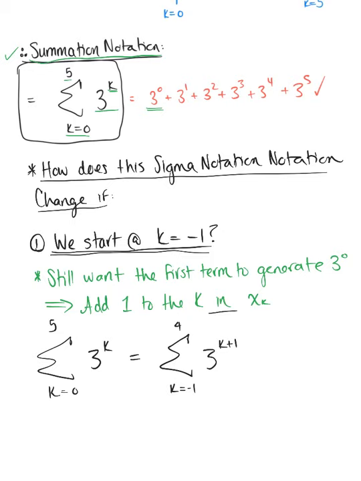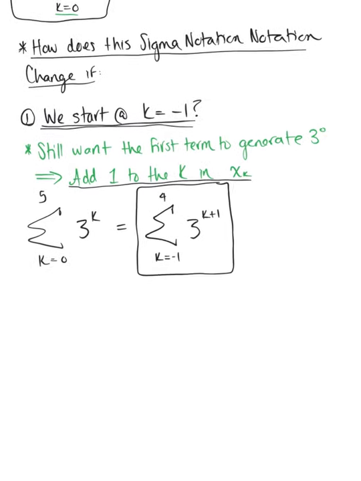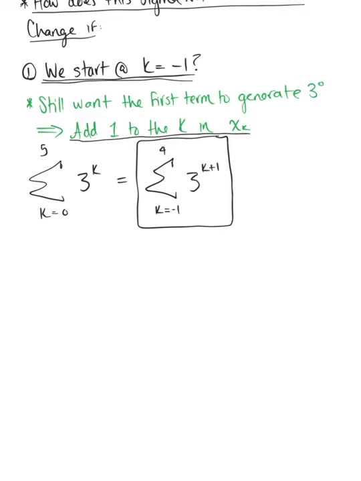So this is an equivalent answer. What this is showing us is that if you decrease your lower limit, you need to increase the k in the general formula.